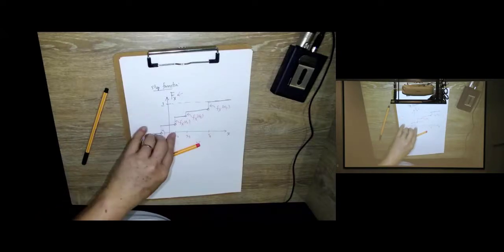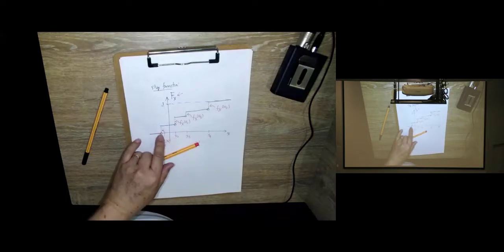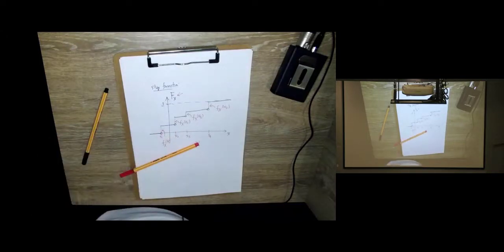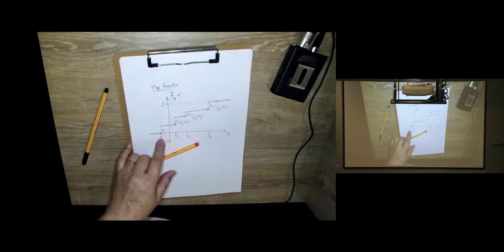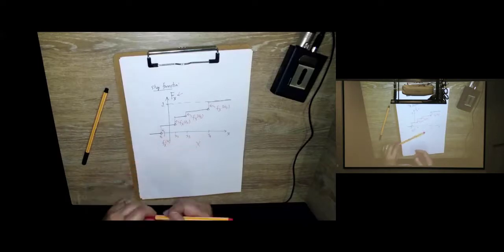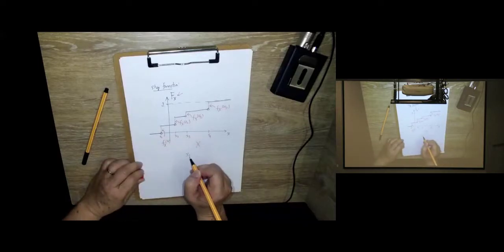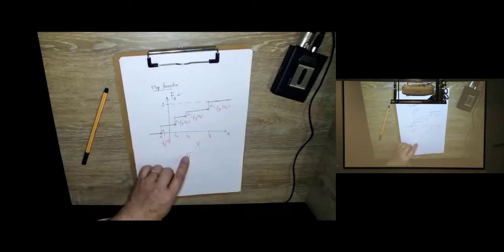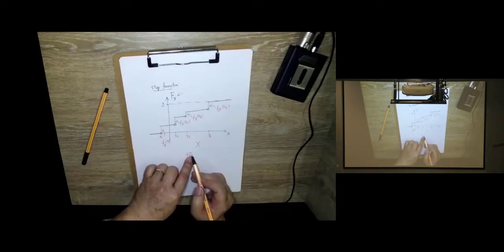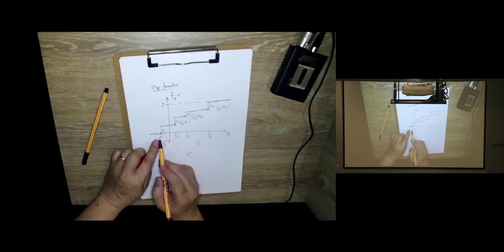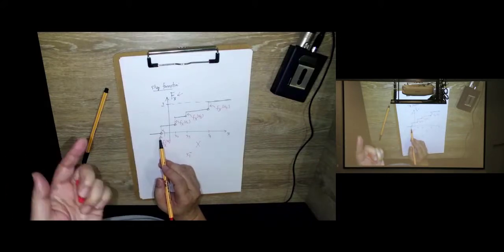And you always have a hole at the jump, and the hole always occurs on the left-hand side of x1. So we write x1 with a superscript minus sign, which means you are very close to x1, but always coming to x1 from the left.